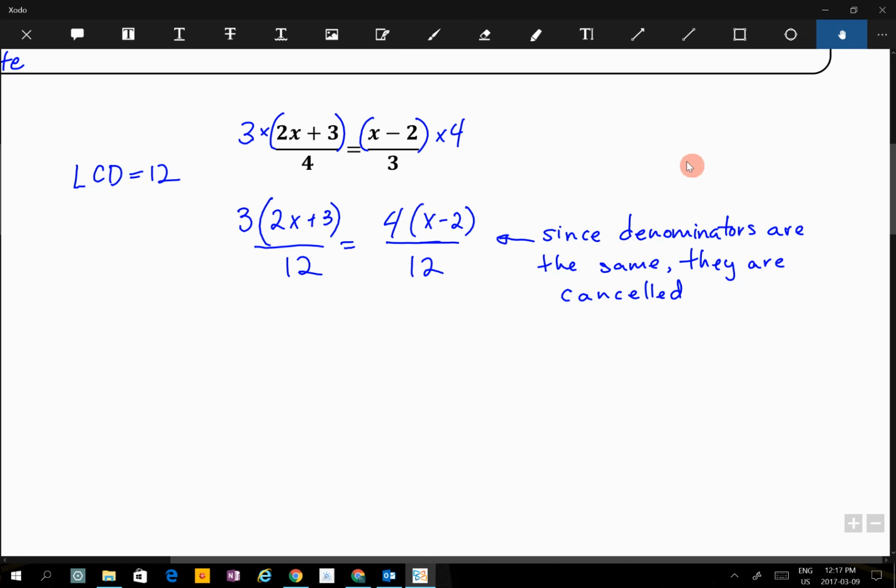Okay, so when you cancel the denominators, what we get is just the numerators. 3 times 2x plus 3 equals 4 times x minus 2.